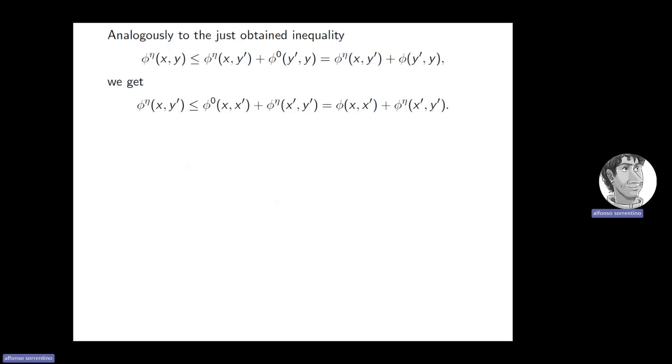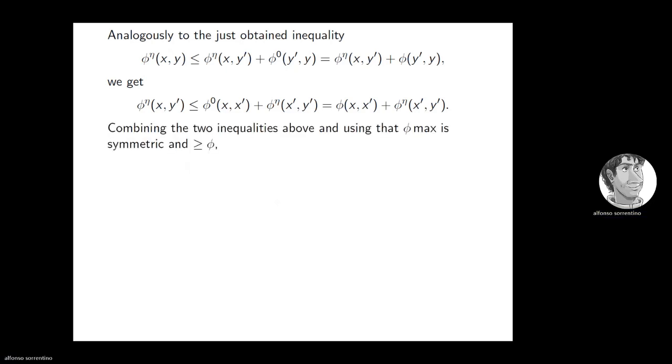And we get that. So we combine the two inequalities, and we conclude that phi eta of xy is less than phi of xx prime plus phi eta of x prime y prime.